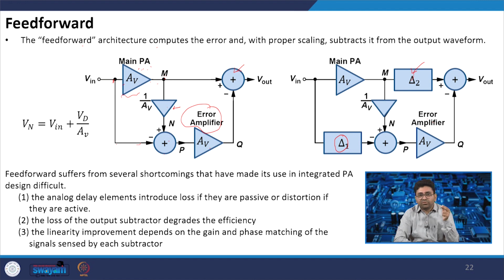Second, the loss of the output subtractor degrades the efficiency, and the linearity improvement depends on the gain and phase matching of the signals sensed by each subtractor. So, that gain and phase matching is also important, otherwise it will not subtract the non-linearity, and we cannot get a completely linear output. So, these are the three shortcomings of this technique.